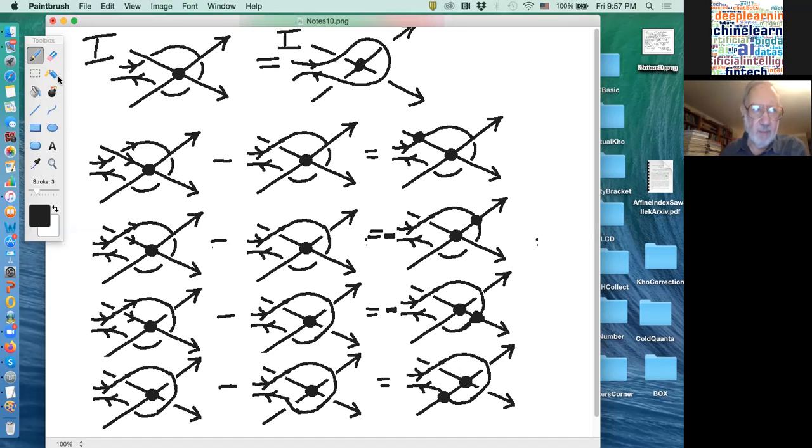So this is a fundamental relation about the evaluations that have to happen in a Vassiliev invariant. And now the amazing thing is what the consequence of this is for the case of the graphical evaluations.